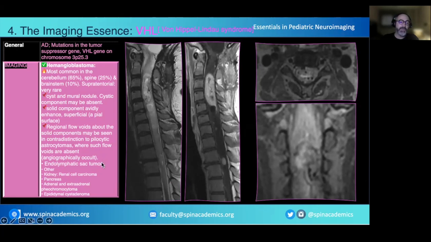And this type of patients could also develop an endolymphatic sac tumor, which is a very rare tumor, and also has many other manifestations in other places of the body, such as kidney, pancreas, adrenal, and cystadenomas.